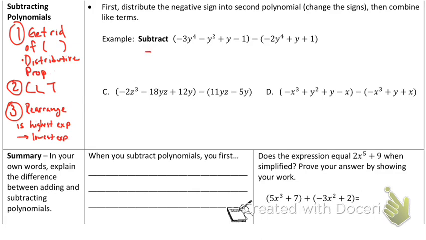We're going to have -3y to the fourth minus y to the second plus y minus 1. All right, and then we're going to look at the second set of parentheses. If you notice, there should be a 1 here. Remember, when there's nothing there, there's really a 1, and actually it's going to be a -1. So I'm going to write in a -1 here.